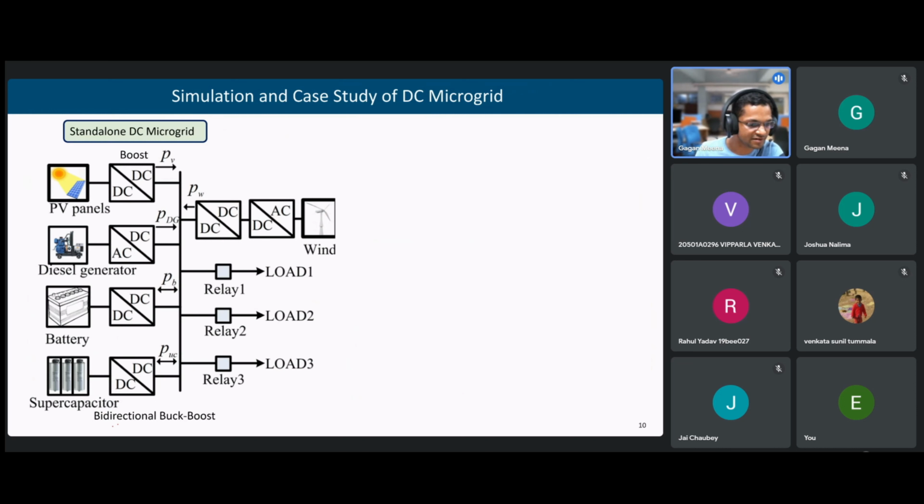So who can tell me, out of these PV, diesel generator, battery, and supercapacitor, which will require this bidirectional buck boost converter? We have already discussed this two or three times, and this is a very important thing. We should always remember this after the course ends.